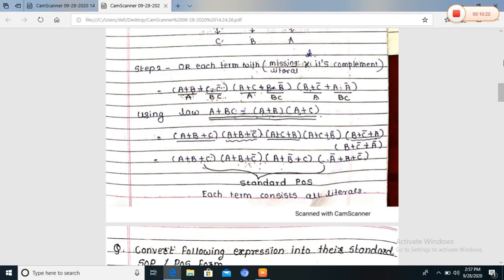This law is applied to every term. So the first bracket becomes (A + B + C)(A + B + C bar).